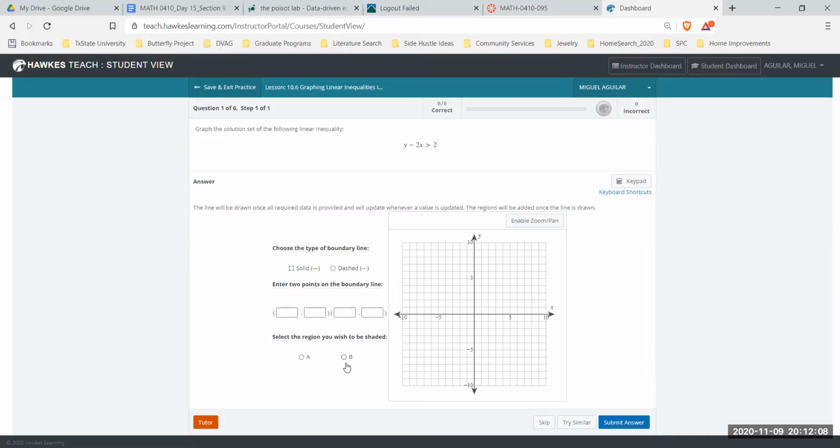So you don't have to wait until the third step to determine whether it's a solid line or a dashed line. Because I said before, if it has one of these symbols, it's a dashed line. And if it has one of these symbols with a little equal sign underneath, then it'll be a solid line.